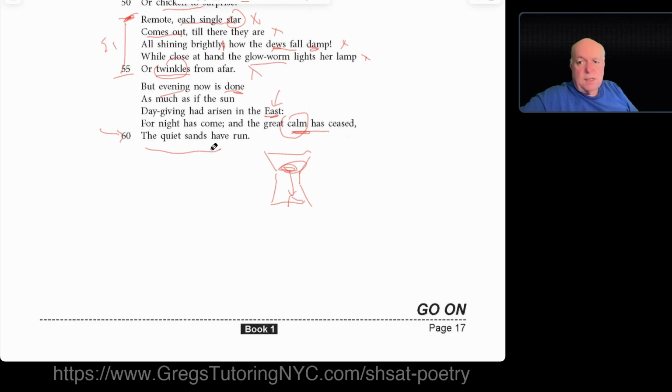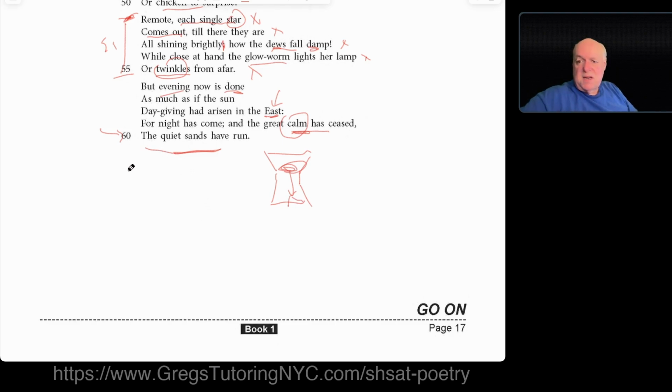So this is really metaphoric, anecdotal, simile-ish, all these kinds of things. So the quiet sands have run. So it's just talking about a peaceful evening here, and all the animals in the earth, if you will, because it tied into the plants and it tied into even the wind, and things like that have run their course, and the night is done with.